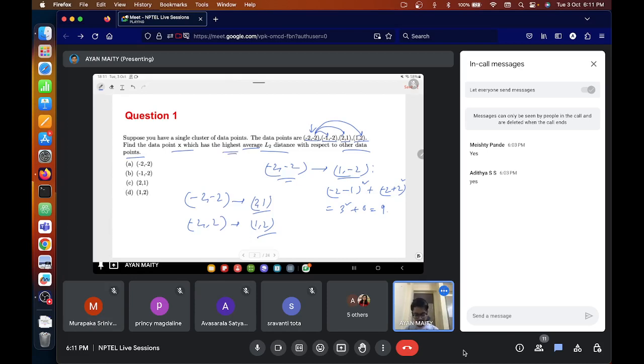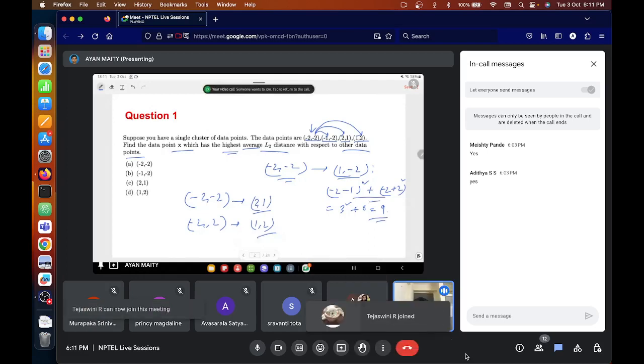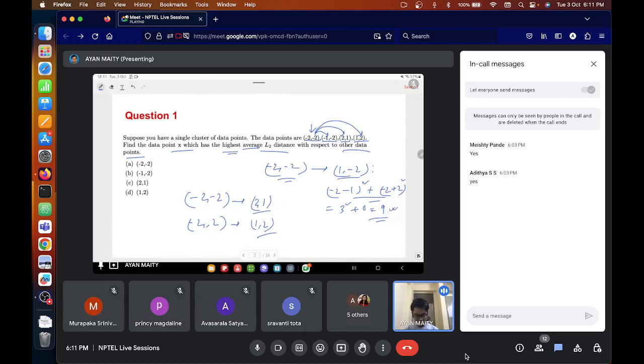You just have to calculate the distance values using the L2 distance formula, or basically the Euclidean distance: (x1 - x2) square plus (y1 - y2) square. As I have shown, the distance from (-2, -2) to (1, -2) is 9. Similarly, you find it for (-2, -2) to (2, 1) and (-2, -2) to (1, 2), and then take the average.